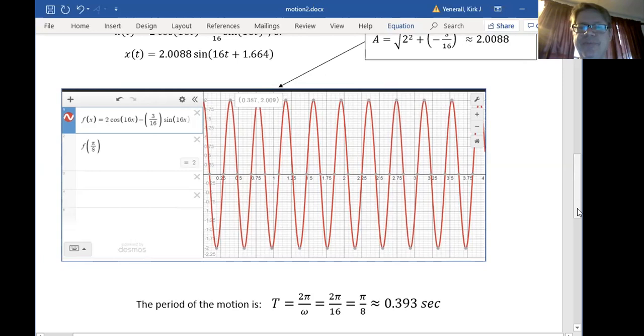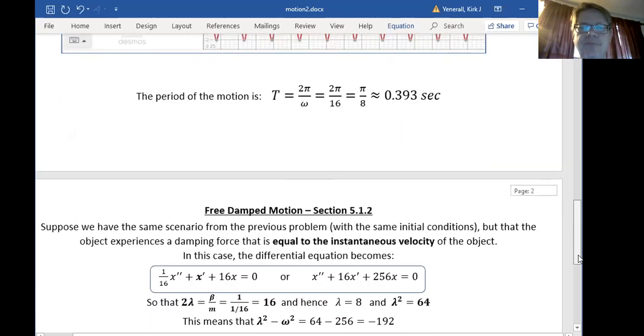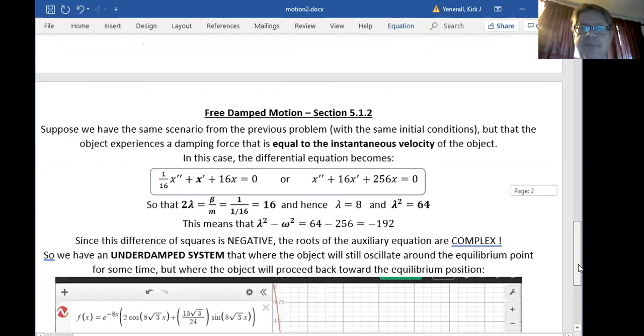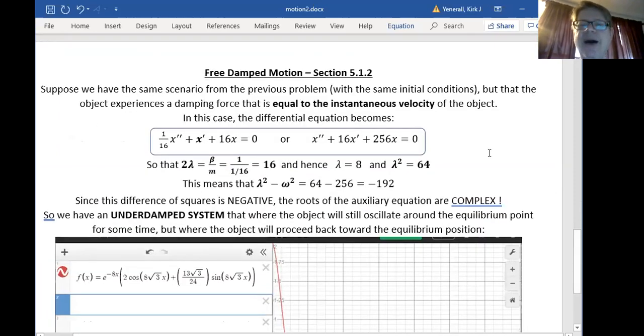We're going to use the same scenario from the previous problem. But now let's suppose that we introduce a damping force that is exactly equal to the instantaneous velocity at the moment. In other words, we're going to take beta, that constant, to be 1 here.